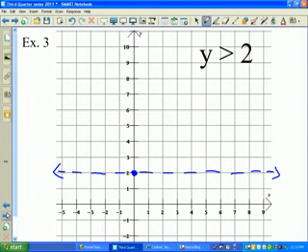If you don't believe me, let's try it with our test point (0, 0). So (0, 0) is down here. Is 0 greater than 2 a true statement?